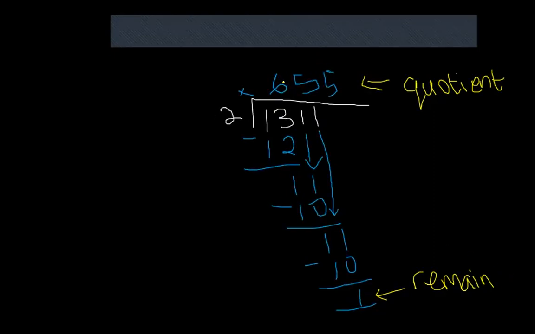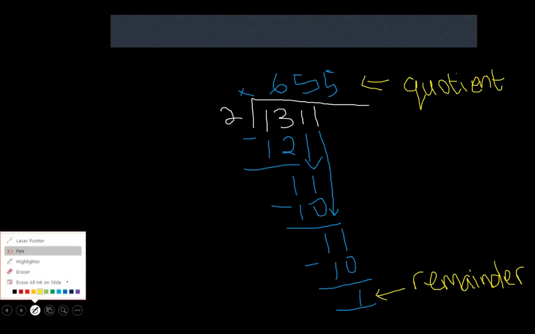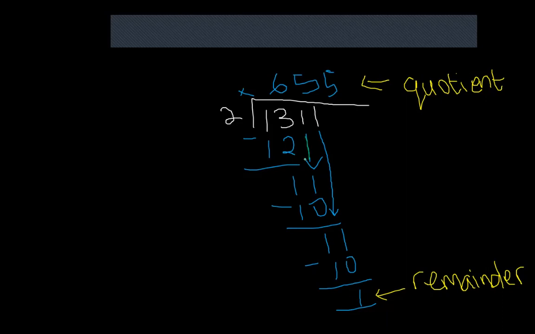The quotient is 655. And what's the remainder? The remainder is 1. Primary school thing. Everybody remembers how to do this? Yes, Reese. Anybody does not remember how to do this?